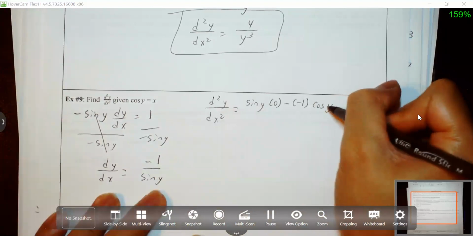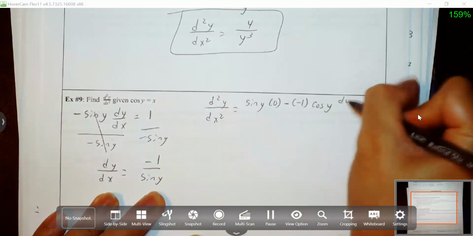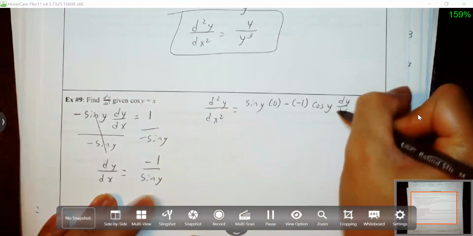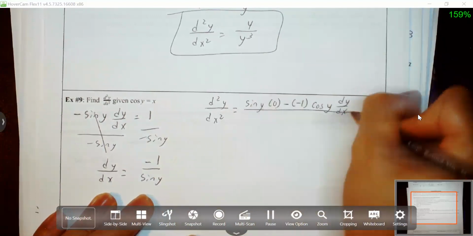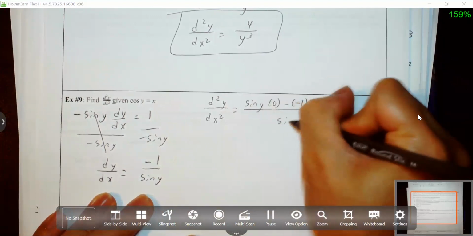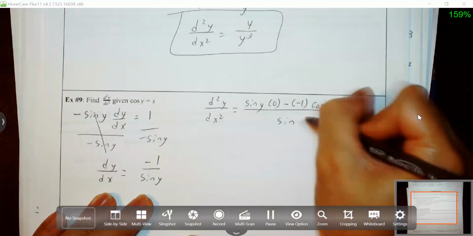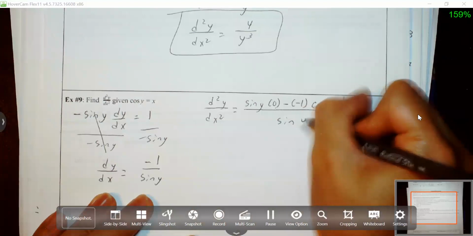But since it's a y term, I need to put dy over dx, all over the bottom squared, which is sine y squared.